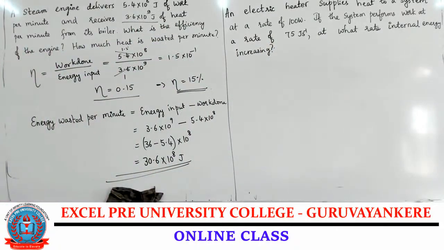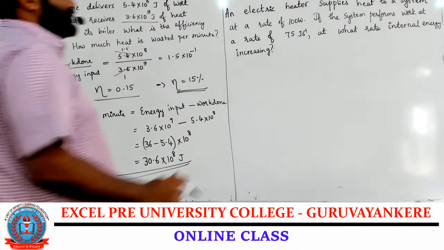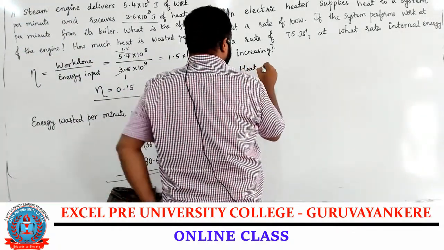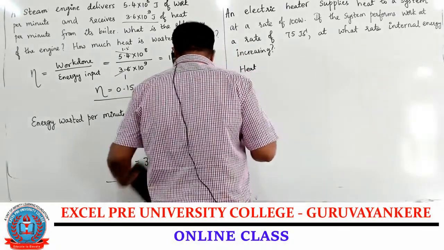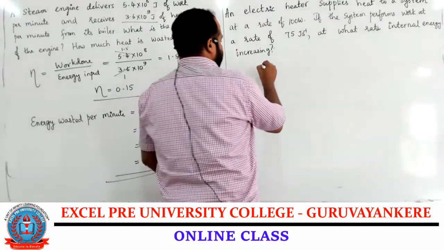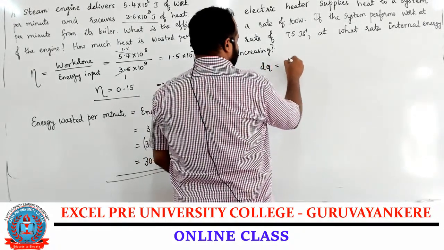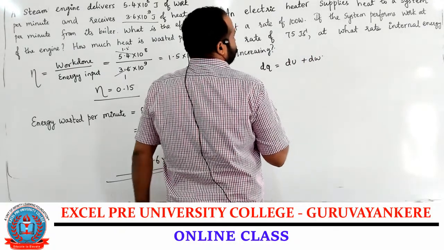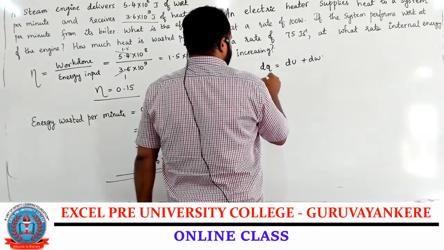Easy one. So that is heat supply per second, everything is per second only. So I'll use the first law of thermodynamics, dQ is equal to dU plus dW. So this is 100.